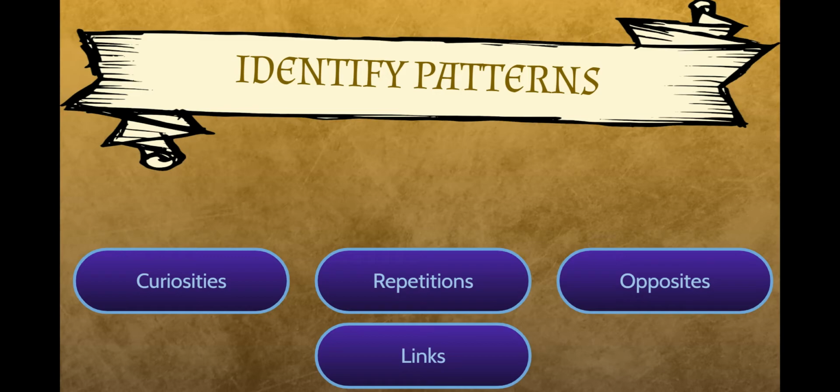The second is any repetition, and that doesn't necessarily mean repetition of words, it can be repeated ideas. The other, which is similar, is any opposites that we notice, and then links: allusions, references, links to other stories, anything like that.